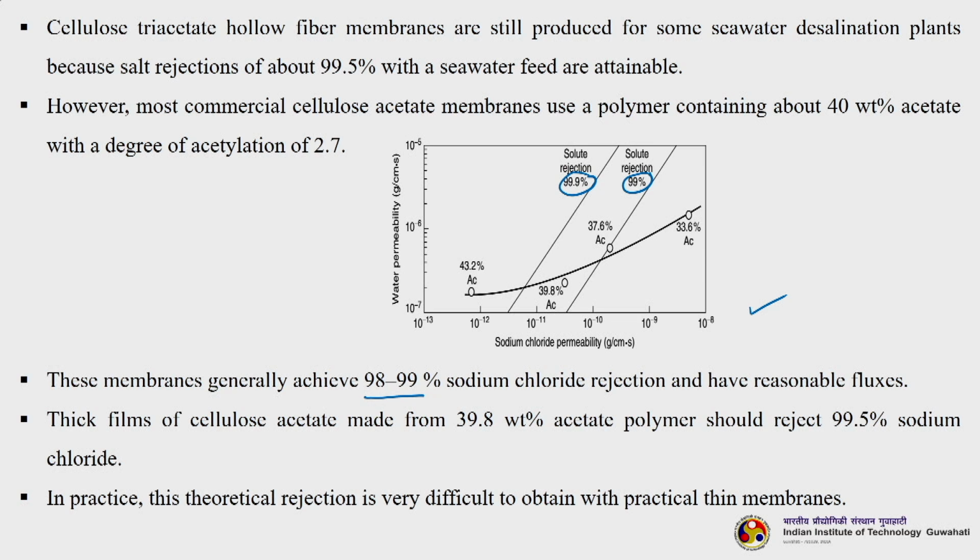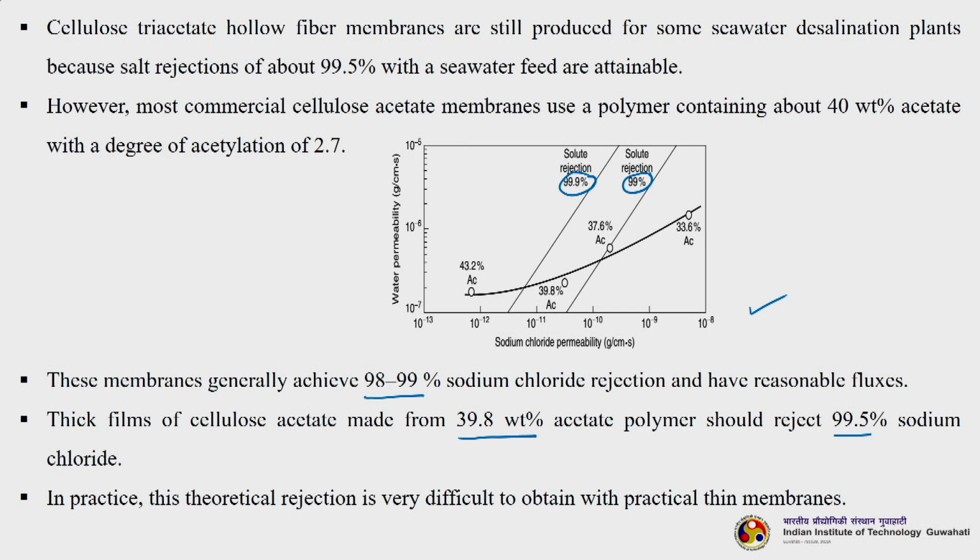With reasonably good fluxes, thick films of cellulose acetate made from 39.8 weight percent acetate polymer should reject 99.5% sodium chloride. This has already been proved and commercially adopted. In practice, this theoretical rejection is very difficult to obtain with practical thin membranes.